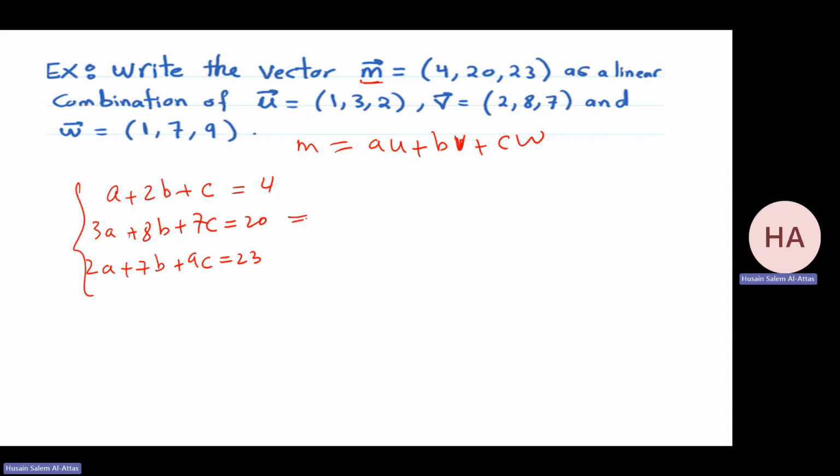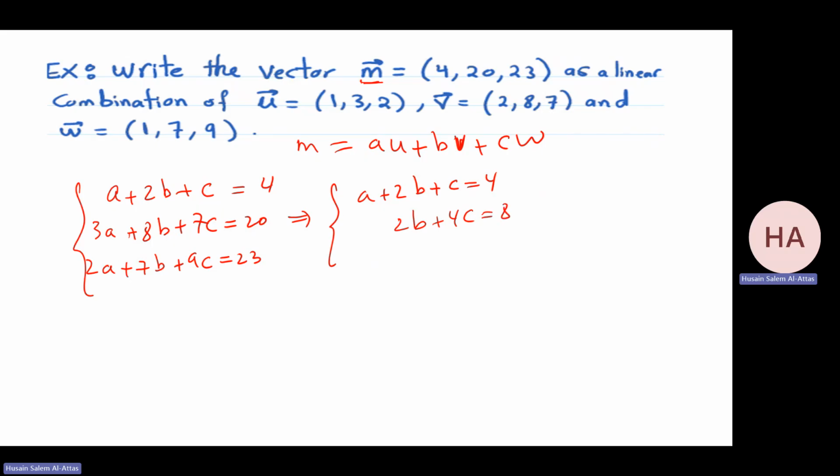Okay, so I get rid now of the coefficient of A like what we did before. Actually, you can solve it the way you like. Multiply by minus 3 and add, that will be 0, 2B, plus 4C, and 8. Correct? Yeah, minus 12 plus 20, that is 8.